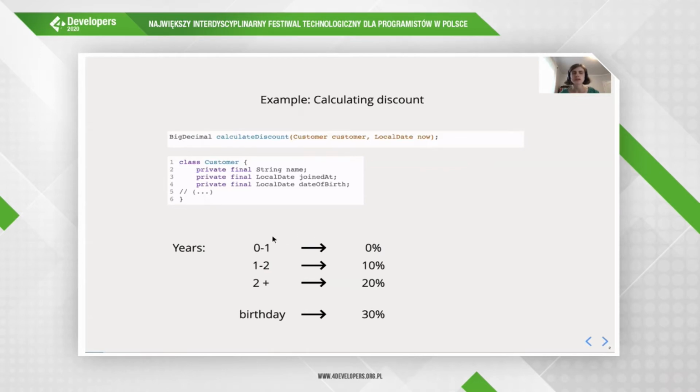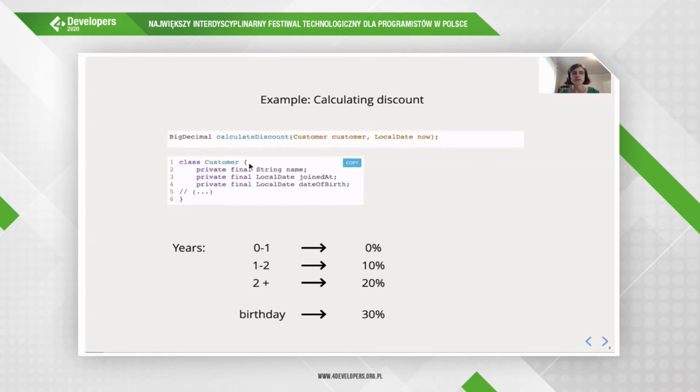If they are with us less than 1 year, they don't get any discount. If they are between 1 and 2 years, they get 10% discount. And if they are with us more than 2 years, they get 20% discount. As it's a big decimal, it will be 0.2. And there's also a special case, so that it's not so simple. If the customer has their birthday today, they get 30% discount.